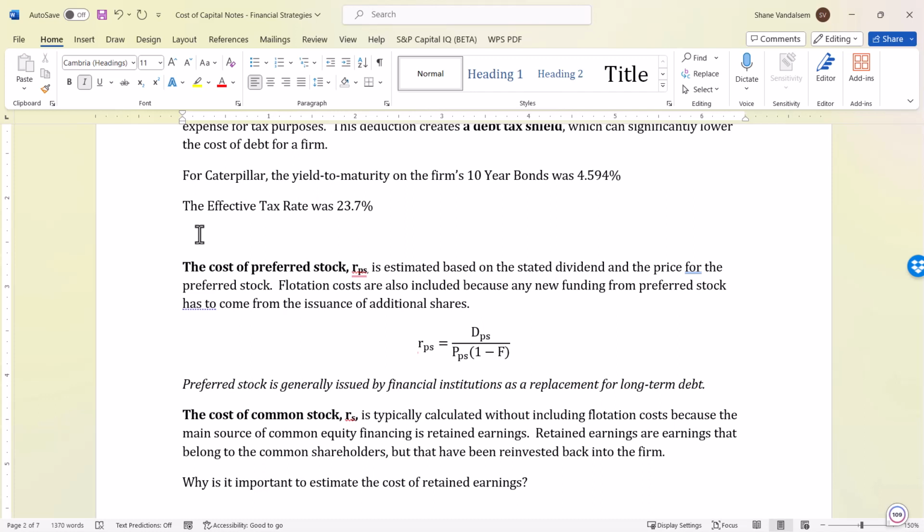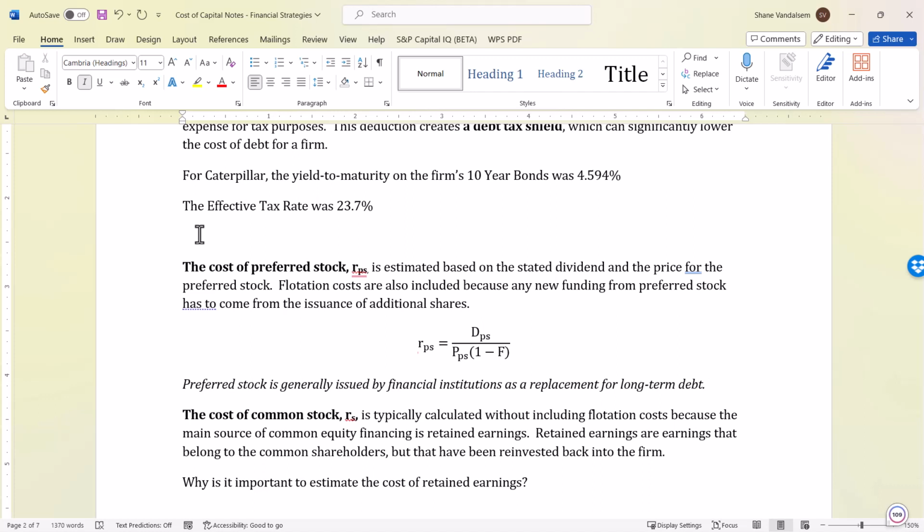The difference with preferred stock from common stock is that preferred stock generally has a set dividend. In other words, it's going to pay a predetermined dividend to the investor. And also, if the company were to go bankrupt, the preferred stockholder has a prior claim to the earnings and the assets of the company before common stockholders do.